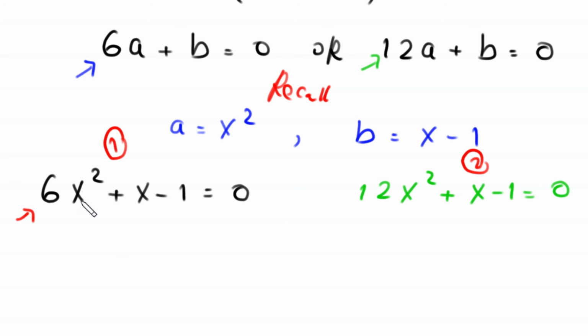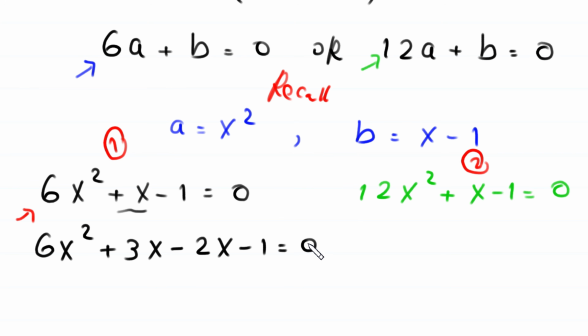This quadratic equation is factorable, so we solve it by factorization. We write this 6x squared and break this x into two terms, plus 3 times x minus 2x minus 1 equal to 0.